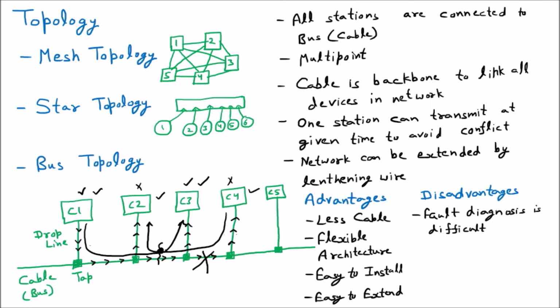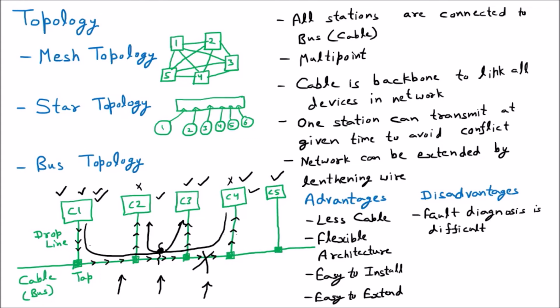So the network is not working. Now if C1 wants to send data to C4, it cannot send. If C1 wants to send data to C5, it cannot send. But both computers are not aware whether the fault is at this place or this place or this place, because anywhere the wire is broken, they are not going to send the data.